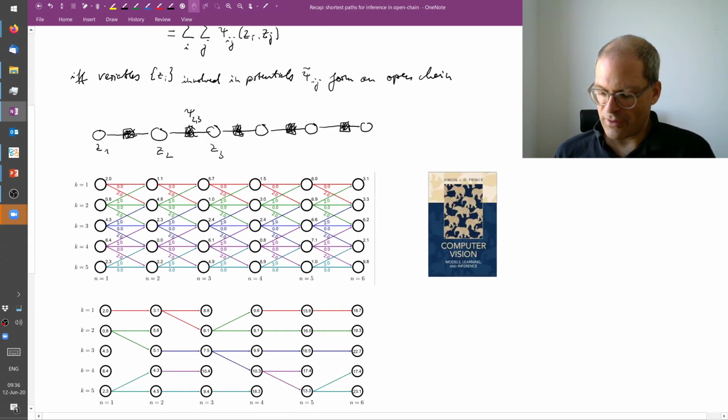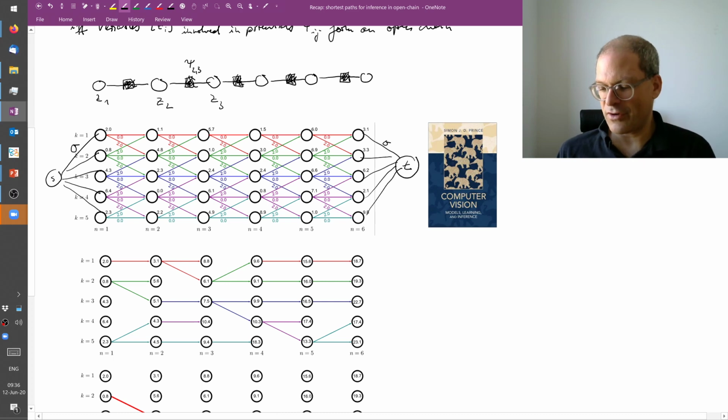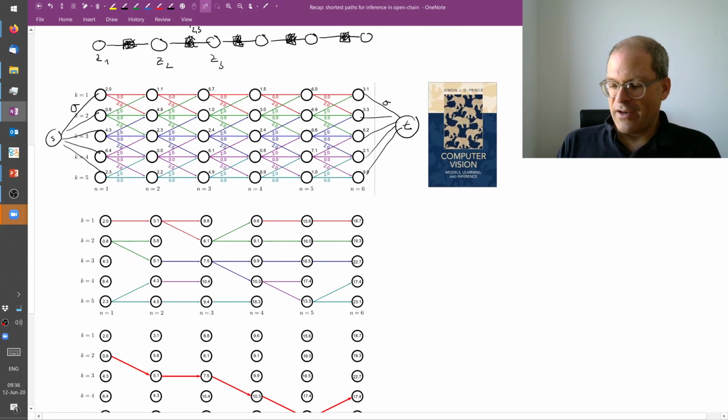Good, and then you saw, by the way, in Viterbi's algorithm, if we use a source here, we connect the source with costs of 0 to all the start edges. If we put a sink or a terminal T here, again with costs of 0, then in this directed acyclic graph from left to right, we can use the Viterbi algorithm to always find the cheapest way of reaching a particular variable.